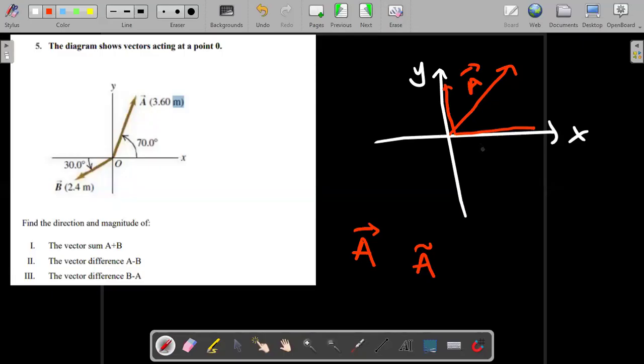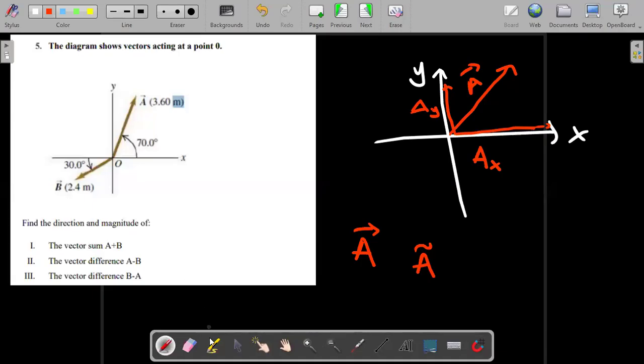We denote them by Ax, the component of the vector A in the x direction, and Ay, the component of the vector A in the y direction. So Ay is the y component and Ax is the x component. This is how the vector is represented.